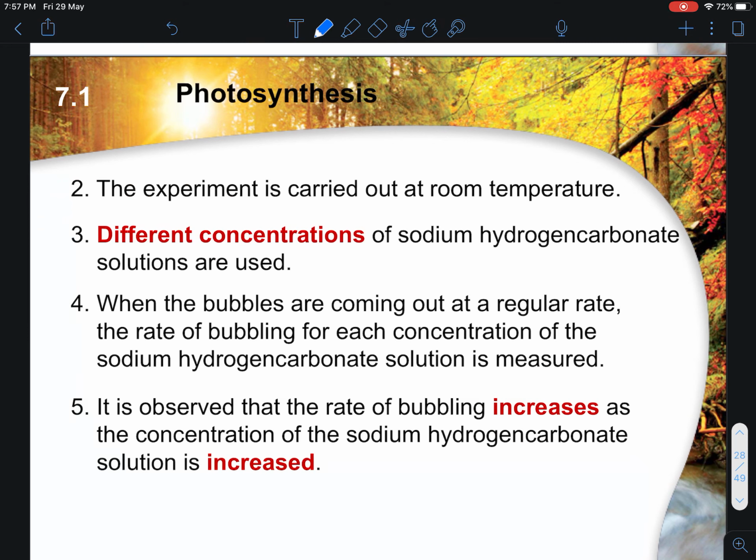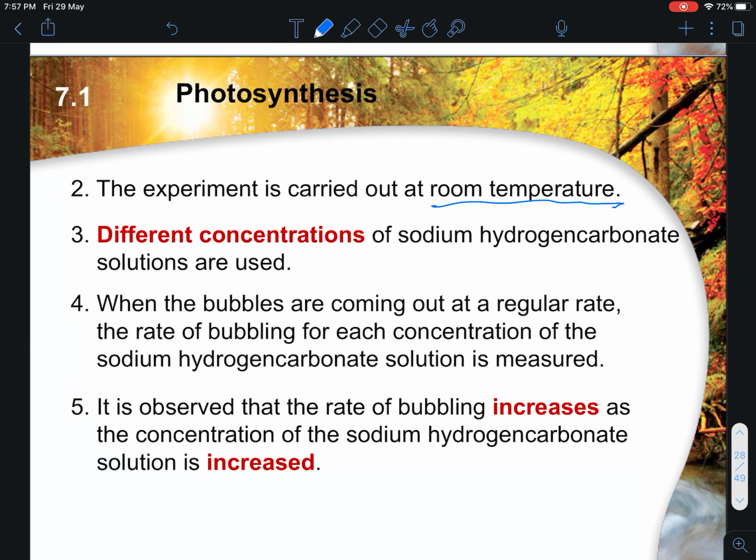Same thing again, the experiment is carried out at room temperature. Room temperature is considered as the optimum temperature. And of course, different concentrations of sodium hydrogen carbonate solutions. This means that the CO2 is varied, and therefore you repeat the same thing. You measure the number of bubbles over a period of time.